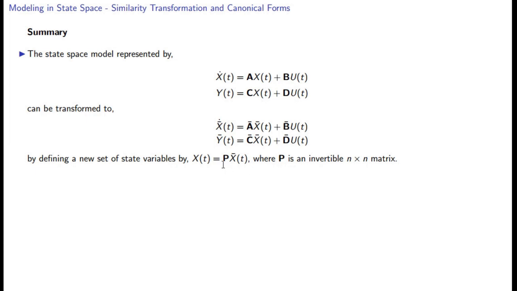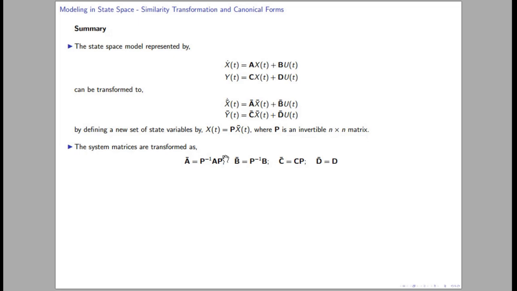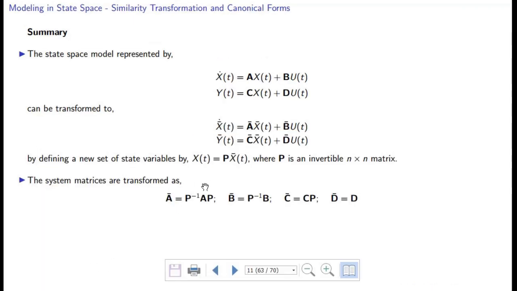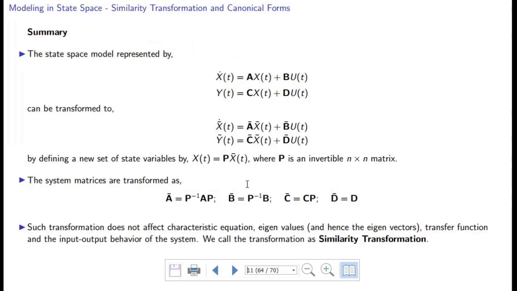I get new matrices A bar, B bar, C bar and D bar as shown here. What I understood is, this transformation is not going to affect the characteristic equation, the eigenvalues or eigenvectors, the transfer function also is not changed, and the input-output behavior also is not changed by this transformation. Therefore we called this transformation a similarity transformation.